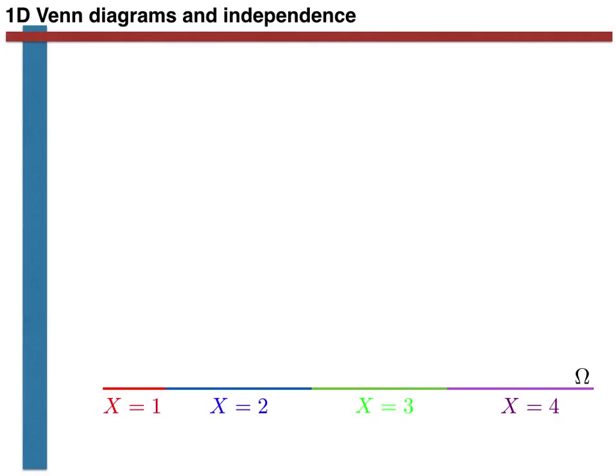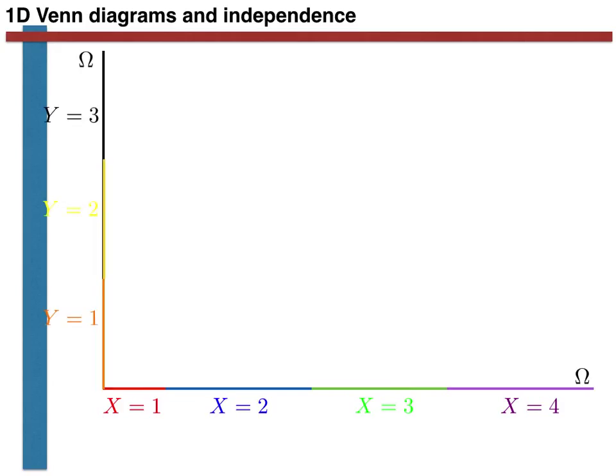Let's call this random variable Y and state that it can have one of 3 possible values, 1, 2, or 3. For reasons that will become clear in a moment, we will draw a one-dimensional Venn diagram to represent this way of dividing up the sample space that is perpendicular to the one that we drew for the random variable capital X.